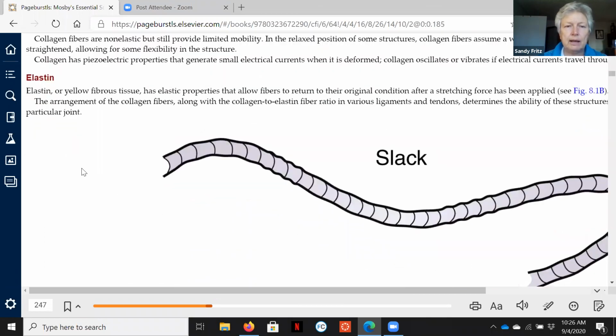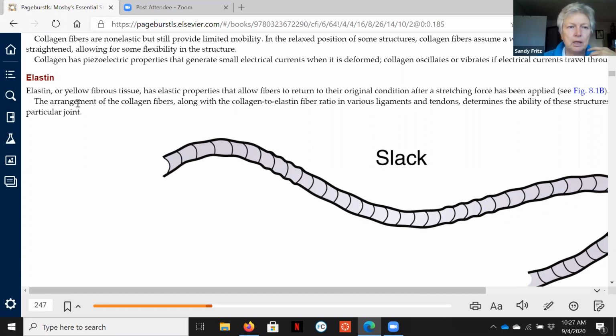And so we have to have an idea of the stretchiness or the give, because these structures have different connective tissue fibers that are involved with them.